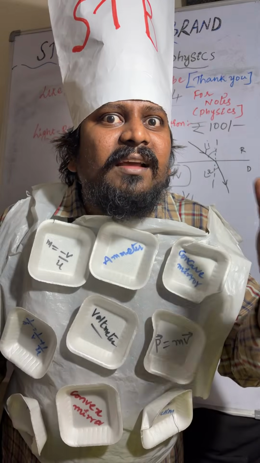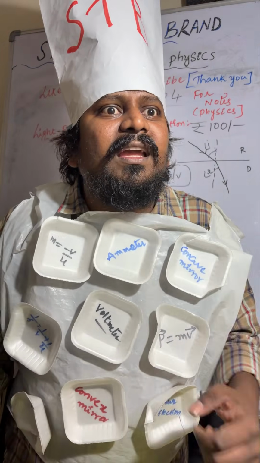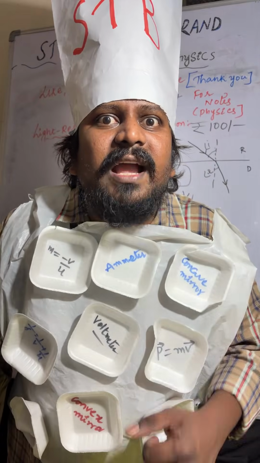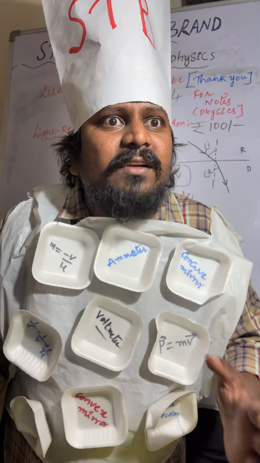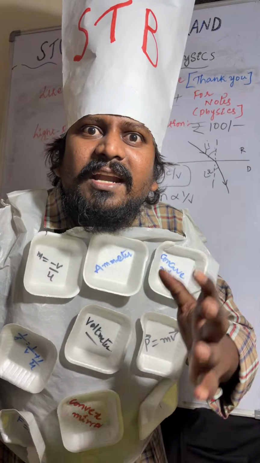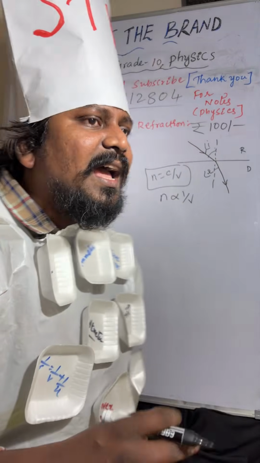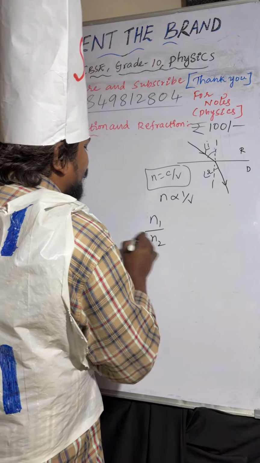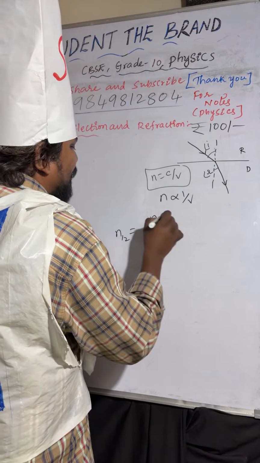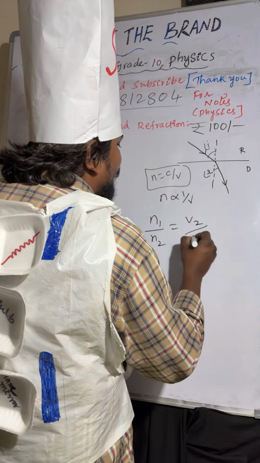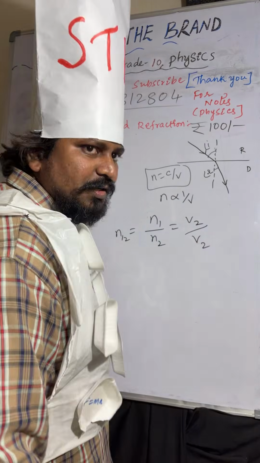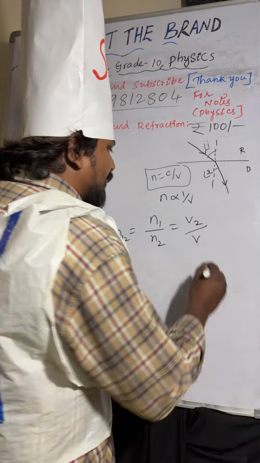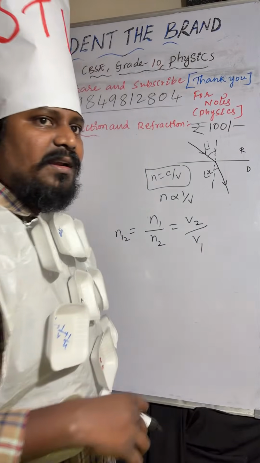Absolute refractive index is n equal to c by v. Relative refractive index is nothing but n1 by n2 equal to v2 by v1. This is the relative refractive index.